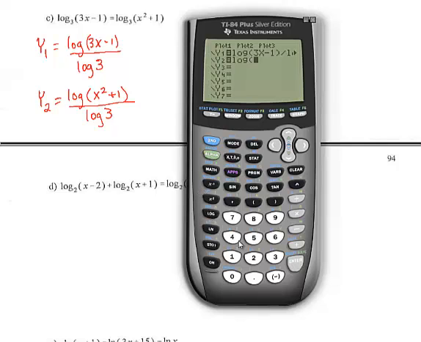Line 2 would be log of x squared plus 1, remember to arrow out of the exponent, then type plus 1 divided by log 3, enter, and now we graph.